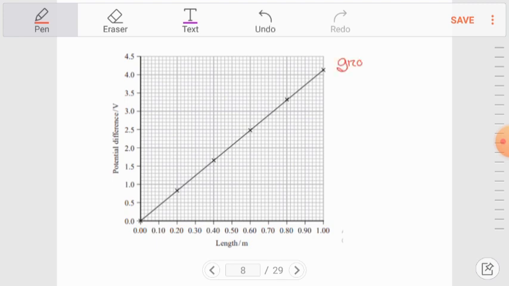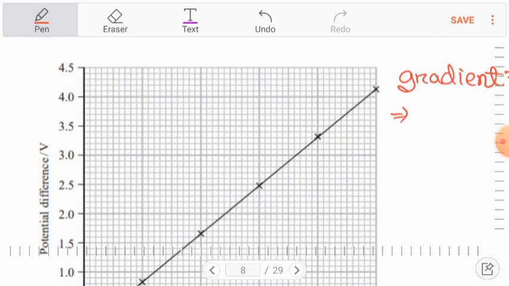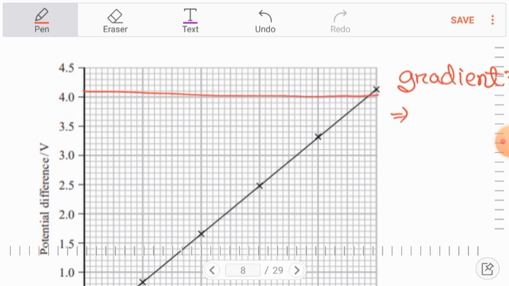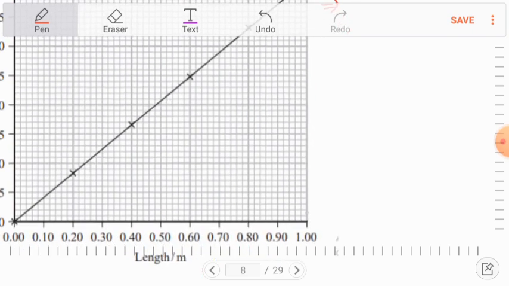Resistivity is represented using capital letter R, and you can see that it approximately ends on 4.1 here on the graph, at 1 meter length.